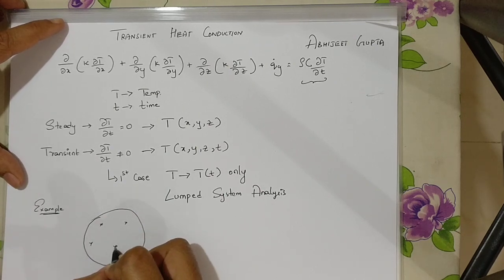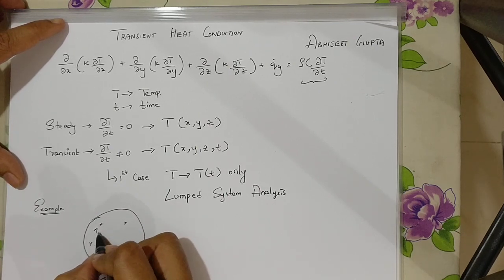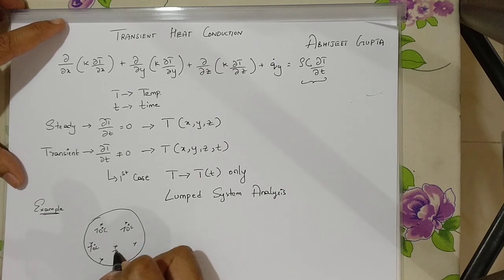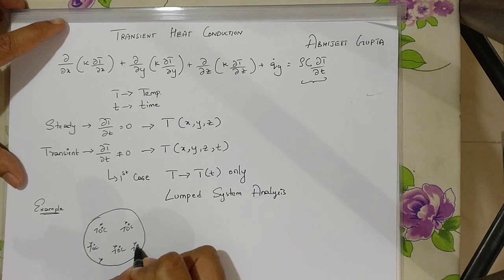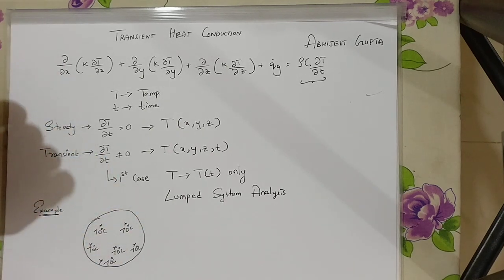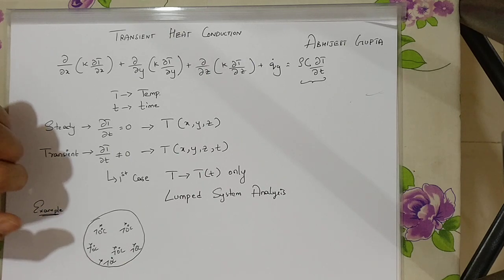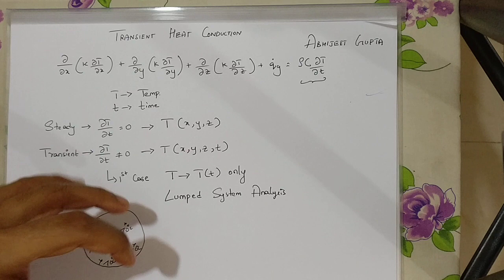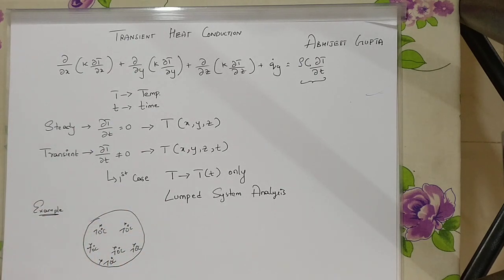There are a lot of positions in this ball, but I'm showing only some of the points, and I'm specifying the temperature of this ball as 70 degrees centigrade, right? So if you notice, this ball is considered to be lump. That means all the interior temperatures remain uniform across the complete ball. So there is no change in the temperature across x, y, z position.